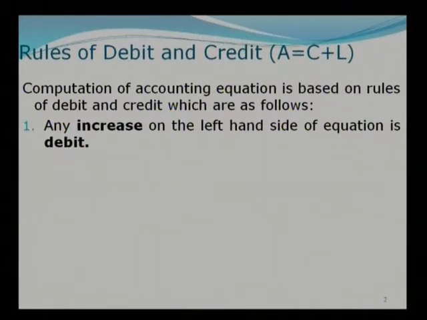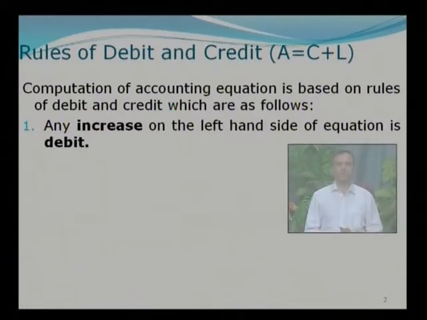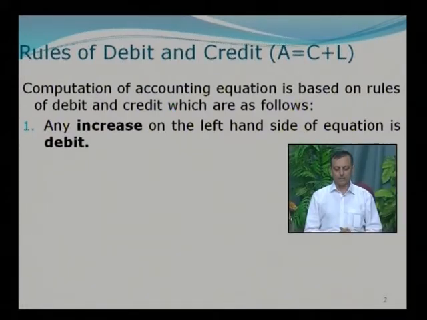The first rule now, any increase on the left hand side of equation is debit. Now, left hand side is, you can look at this equation in this slide, A is equal to C plus L, and I have already told you here A means assets, C is equal to capital, L is liabilities. The first rule says any increase in the left hand side of the equation is debit.